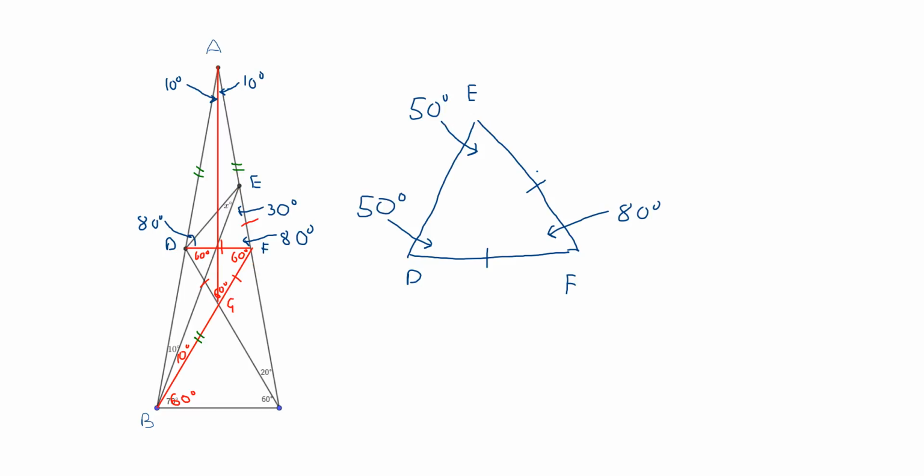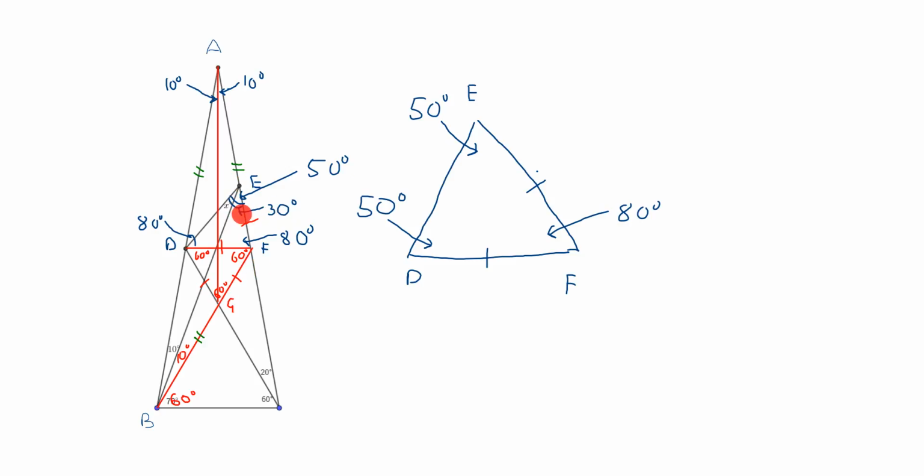So we might make a bit of a mess on our triangle now, but here we go. DEF is 50 degrees here. And let's have a look for angle X. We can see DEF is 50 degrees, but angle BEF is 30 degrees. We worked that out right at the start.